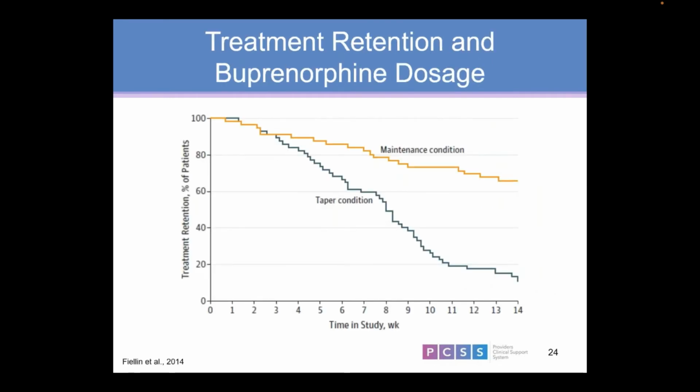And here, this was a study by David Filene, similar to a study done in the early 2000s by Keiko, where we see a significant difference in terms of retention and treatment by continuing medication as opposed to tapering over a shorter period of time. And again, to keep in mind that this is a lethal disease. So in the Keiko study, 4 of the patients that tapered off the medication died over the 1-year period that the study was going on, died of an overdose.